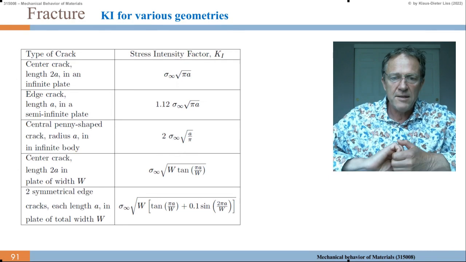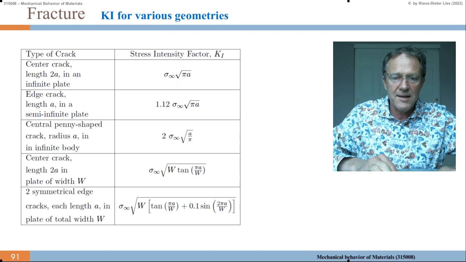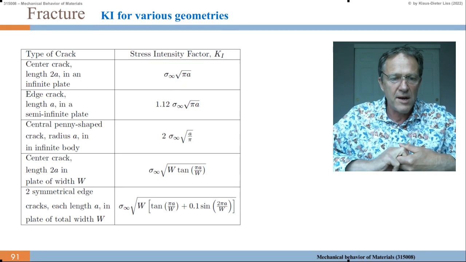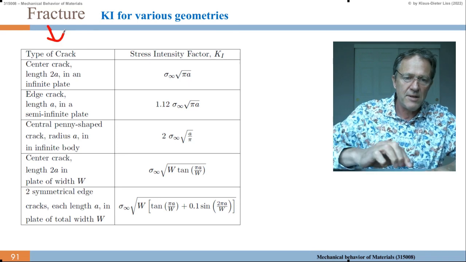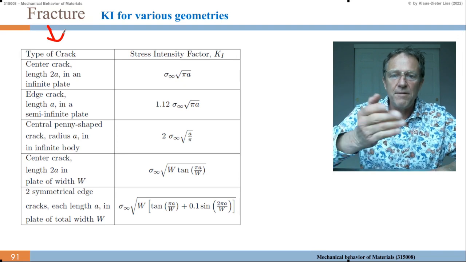Then also all these tables and ASM and standards, they have already lists, so you don't need to calculate all that. They have lists for types of cracks, shown here to the left. So we have a central crack, the length is 2a, in an infinite plate, like in the window glass.